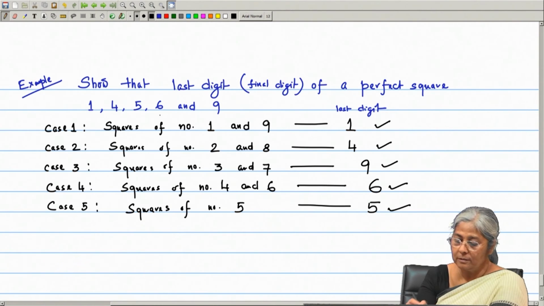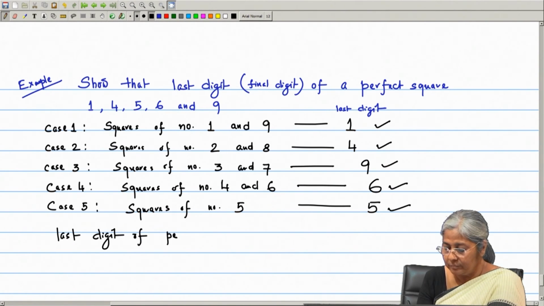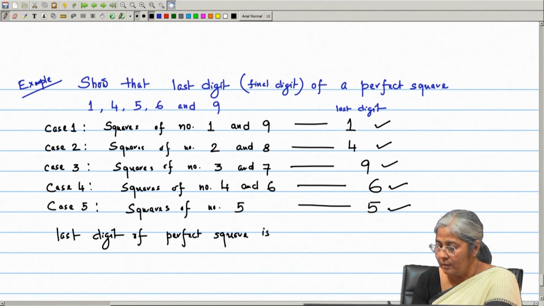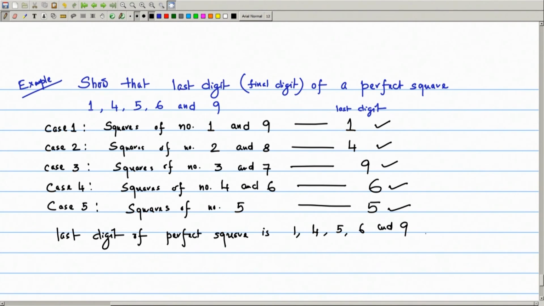So, that means the last digit of a perfect square is only 1, 4, 5, 6 and 9. It is proved. So, this is a very simple example of the proof by cases.